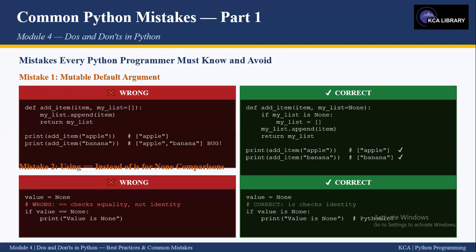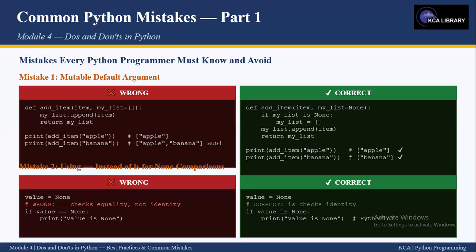Correct. The correct one is here. That is def add_item(item, my_list=None): if my_list is None: my_list = [] my_list.append(item) return my_list. print(add_item('apple')).